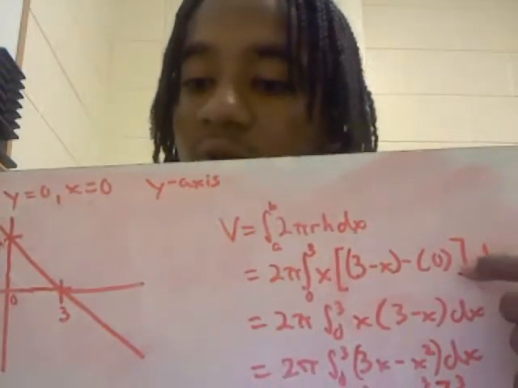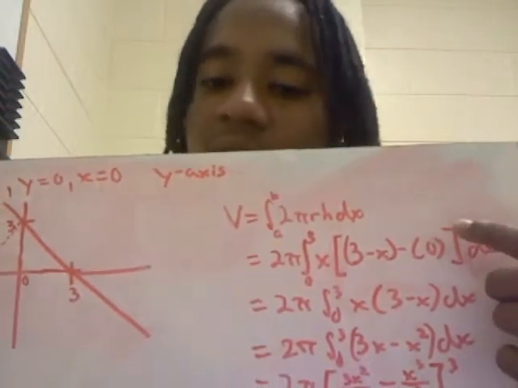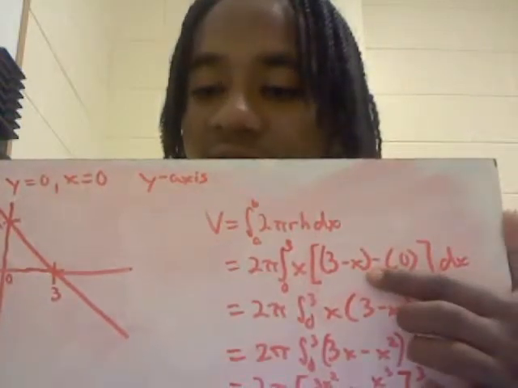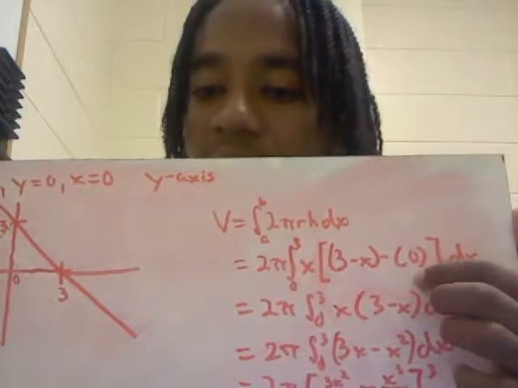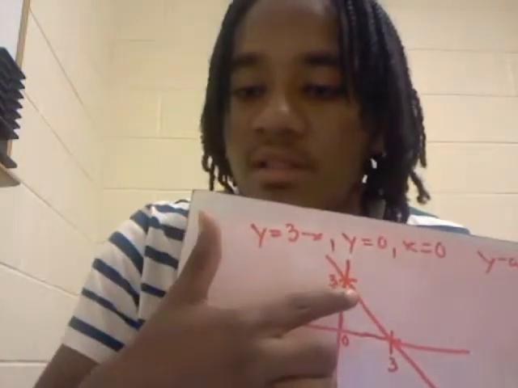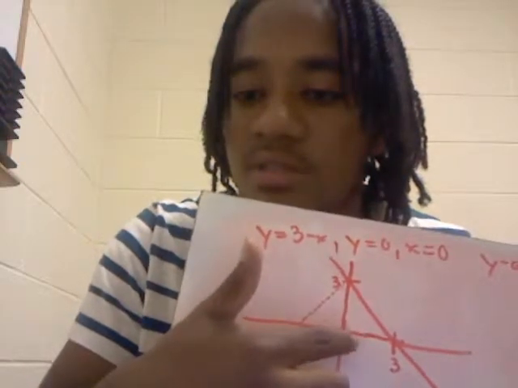The 0 is basically just the x-axis, and also it is the y equals 0. And this is a classic form of top minus bottom. And as you can see here, the line is the top, the x-axis, which is 0, is the bottom.